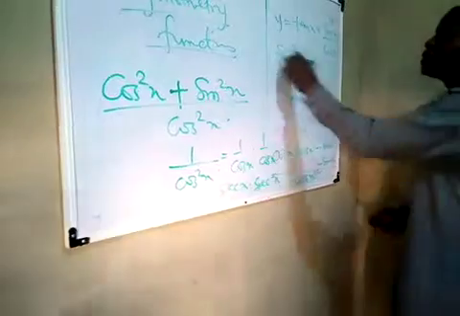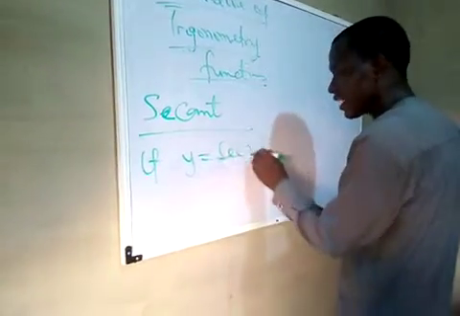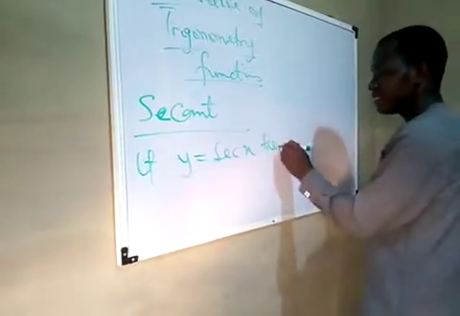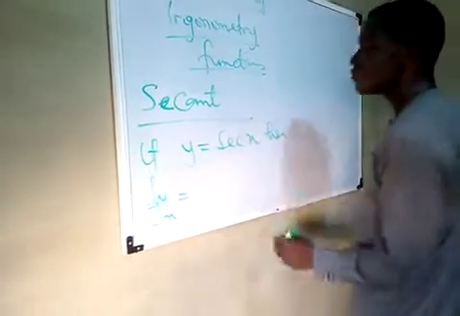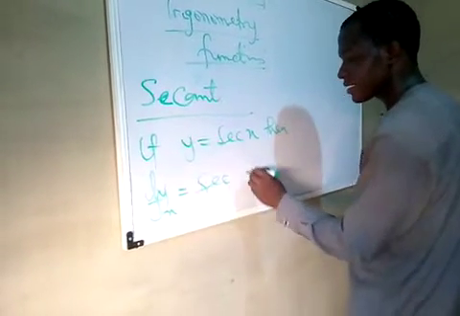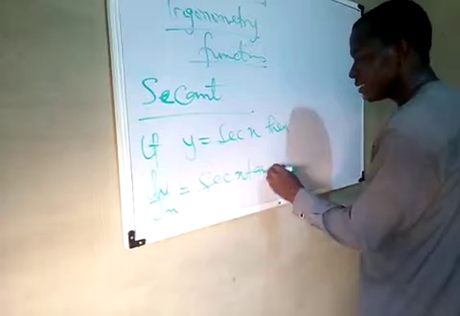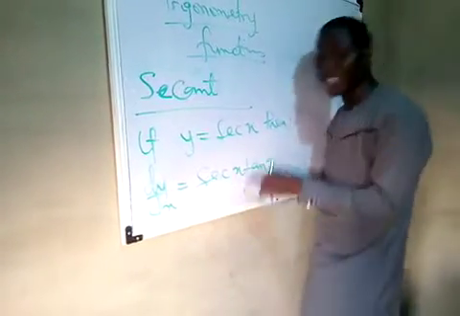That is when you differentiate tan. If y equals sec x, then dy/dx will be equal to what? Sec x tan x. That is, if you differentiate sec, you are going to get sec tan.